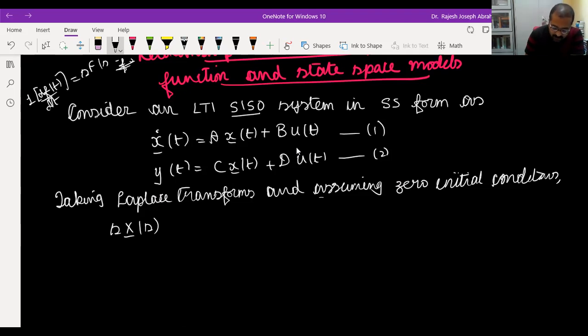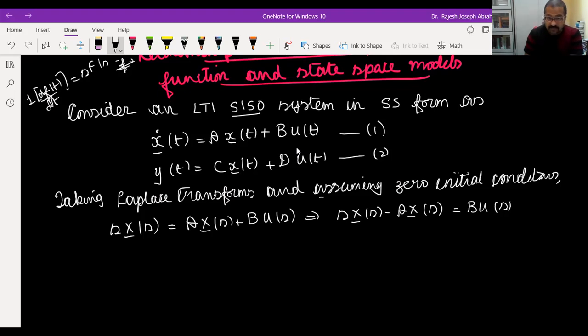So I can write s X of s equals A X of s plus B U of s. Taking the A X of s term to the left side, s X of s minus A X of s equals B U of s.